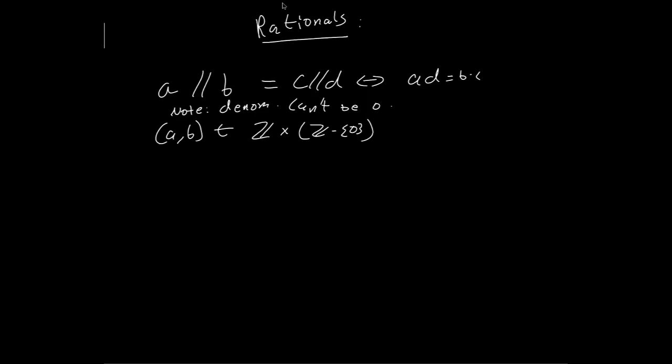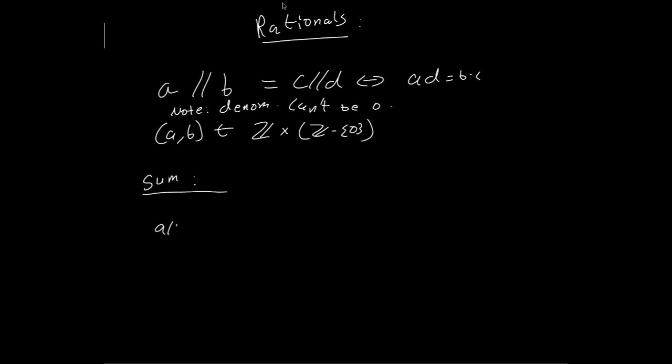We can easily prove that this actually forms an equivalence relation. That is, it's reflexive, symmetric, transitive, all that good stuff. Now we can have sum and product defined, using our knowledge from beforehand.